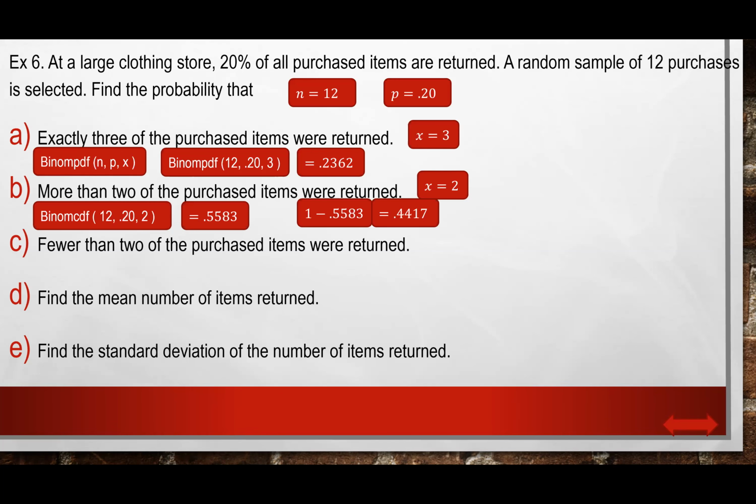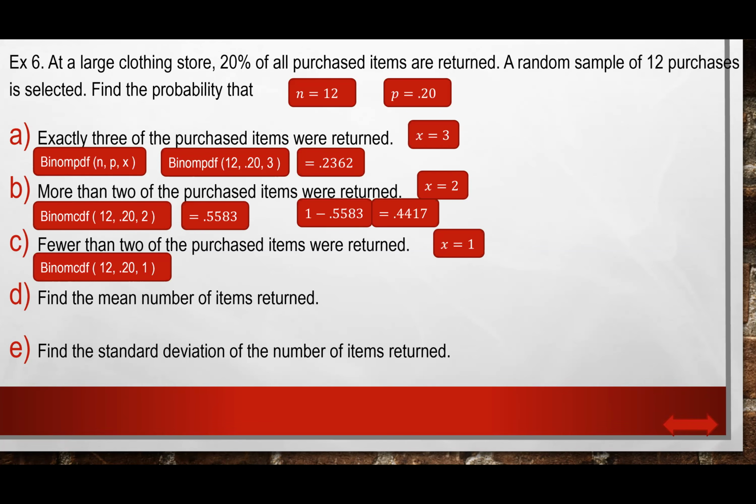Okay, fewer than 2. Reminder, same idea: fewer than 2, the 2 is not fewer than 2. Fewer than 2 is only the 0 and the 1. So we do not include the 2, which in this case, your binomial CDF, you tell your calculator to calculate the 0 and the 1.